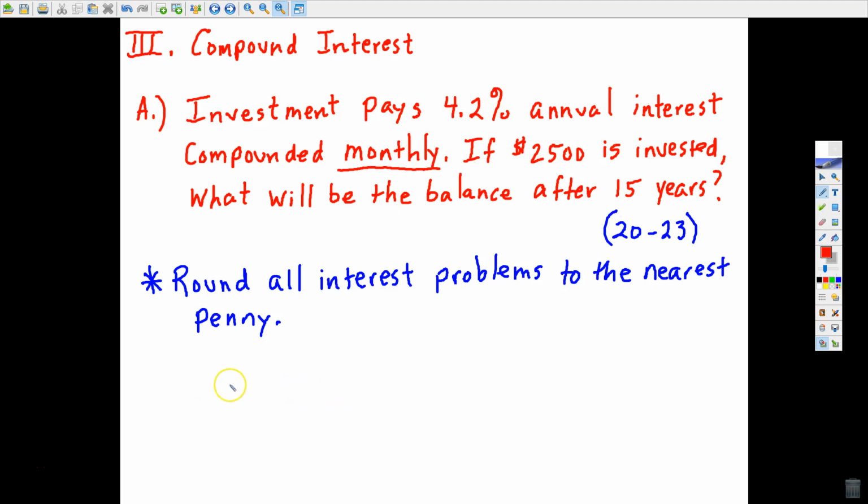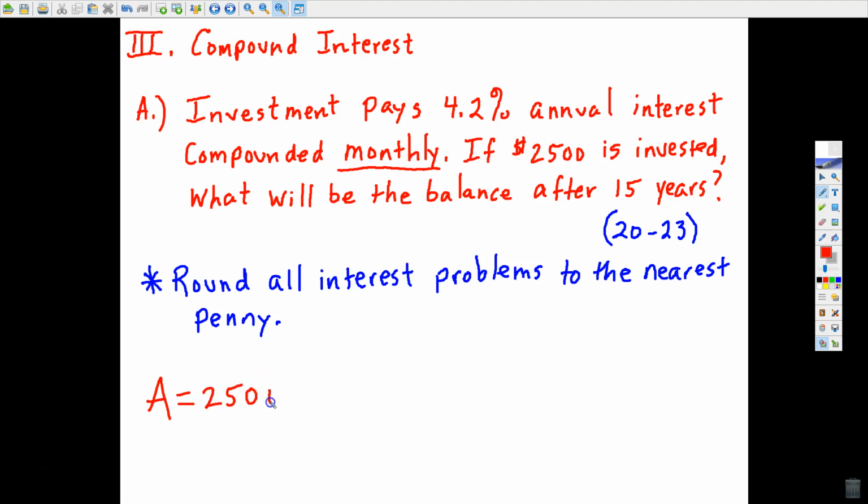So I'm going to give you this so that you can just put all of this in your calculator at once. There's no reason to break this up into parts and key in multiple things. Let's just do it all in one line. So here's our formula. The final amount, that's A. We will take our initial investment of $2,500.